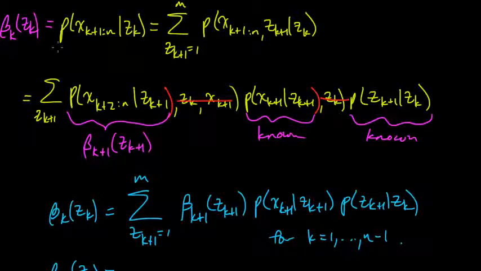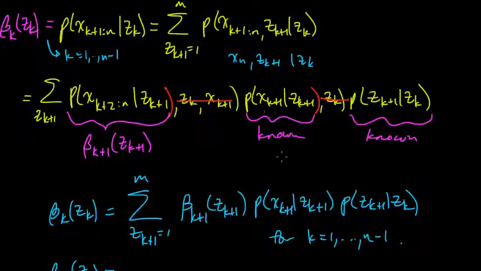What's going on here? Let's think about the case when k equals n minus 1 and see what we should define beta n to be. So this is the definition, for k equals 1 to n minus 1. And what should we define beta n to be? When k is n minus 1, what happens here? This is xn, zk plus 1 given zk.